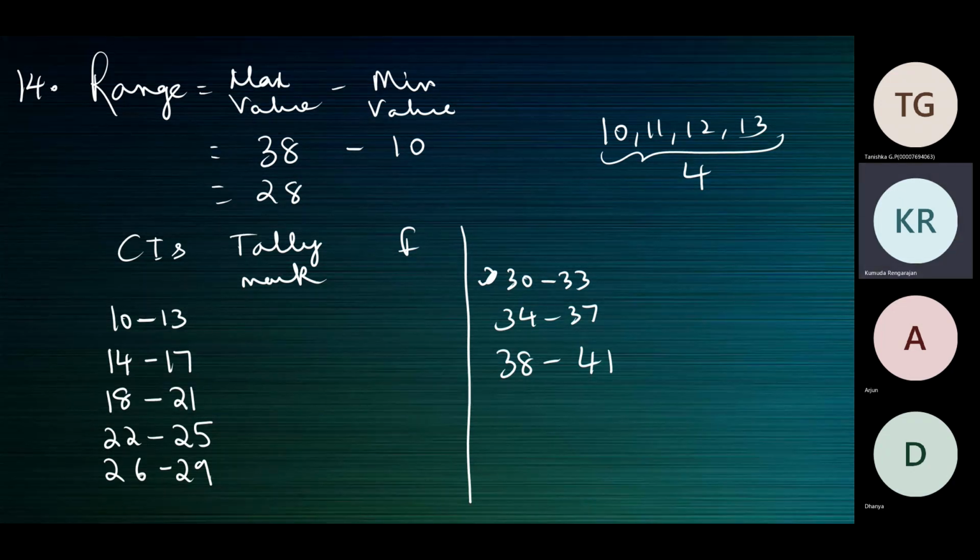So if you take the class interval 14 to 17, the integers included are 14, 15, 16 and 17. So you are able to include 4 numbers in the class interval 14 to 17. And hence the class size is 4, not 3. When you subtract, you get 3. I have told you, for inclusive class intervals, subtract and add 1 to get the class size.